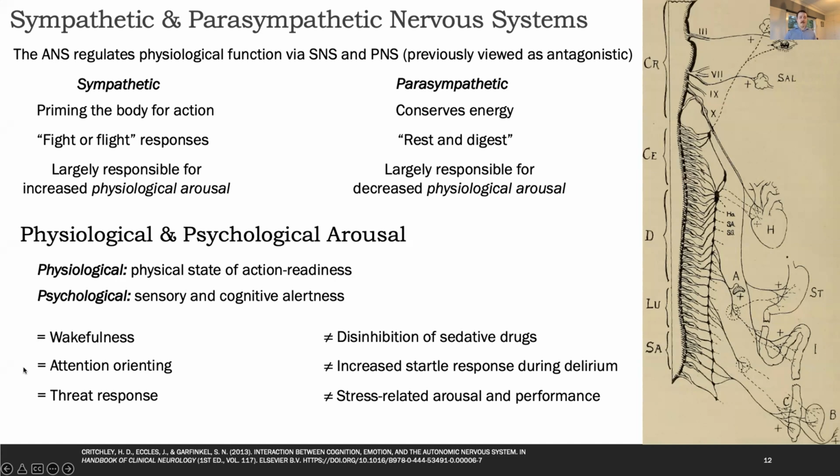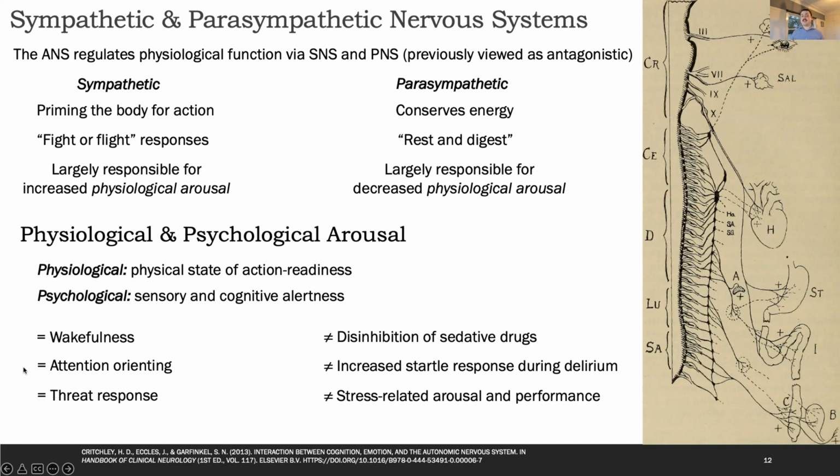Likewise with attentional orienting, when something grabs your attention, you become more alert cognitively and in your senses, but also that will cause an increase in the action readiness in your body. Likewise with a threat response. So if you see something threatening, surprising, startling, you will become very alert and very ready to act.